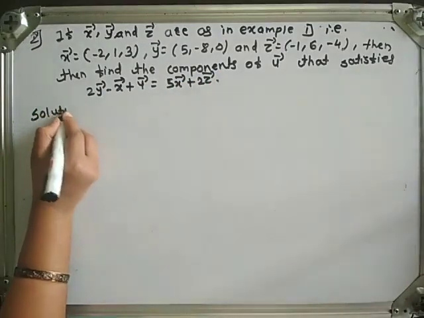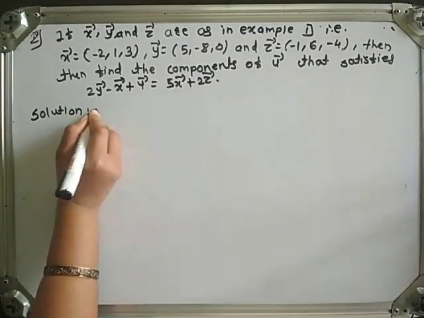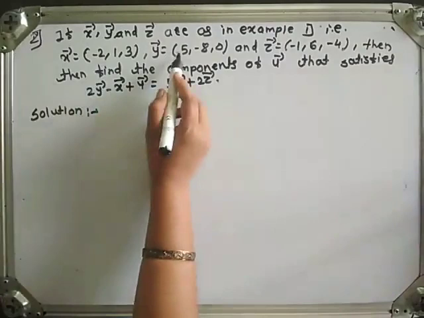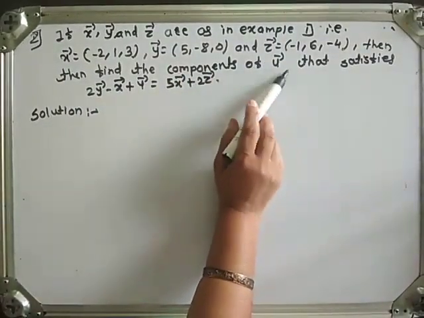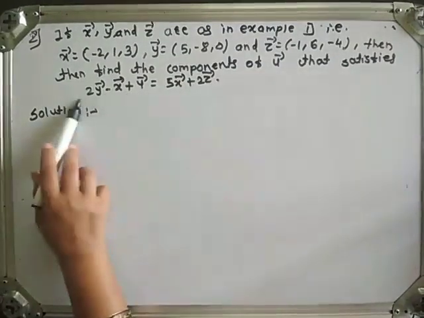See solution. In this problem we have been given x bar, y bar and z bar, and we have to calculate the components of u bar that satisfy this equation.